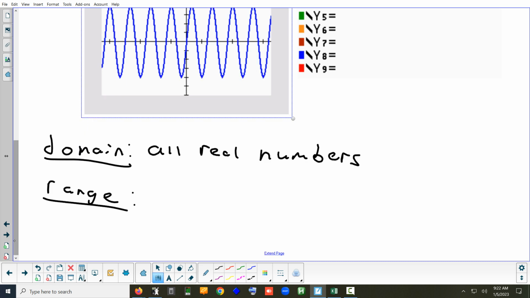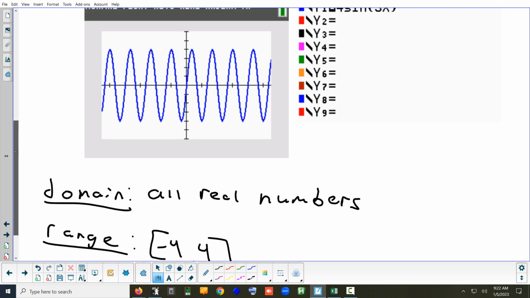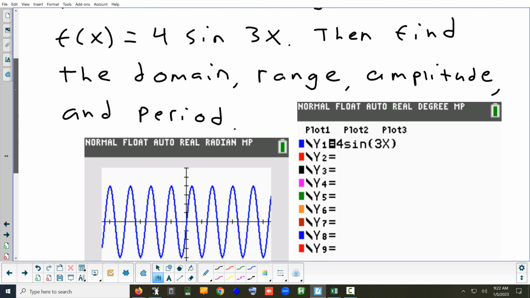Yep. And can somebody tell me how do we write that? Negative 4 to positive 4, and it does include them. Yep. It would be [-4, 4] with brackets. There you go. So there's your domain and your range.